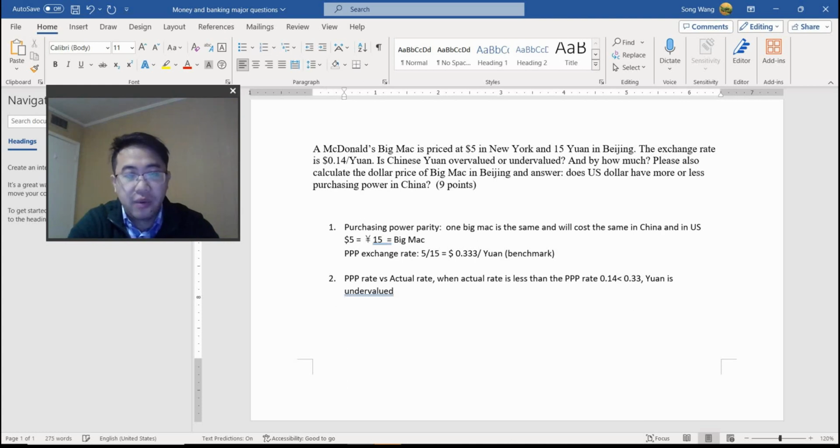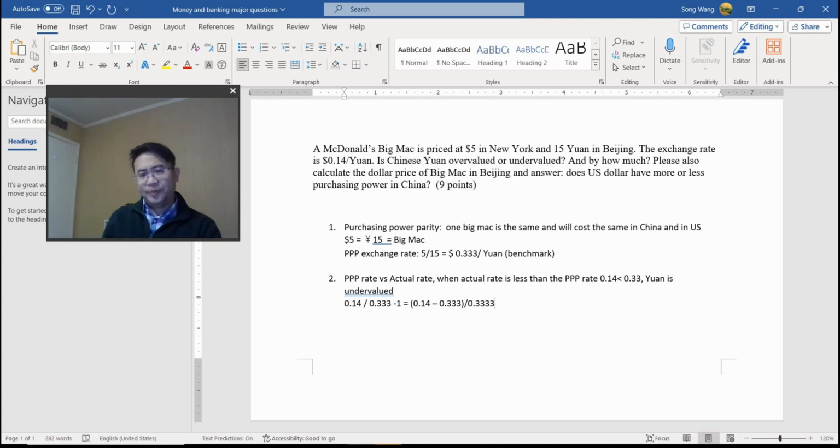Then you will need to use the actual rate, 0.14, divided by 0.33, then minus 1. Okay, so it is also like 0.14 minus 0.33, the difference divided by 0.33.